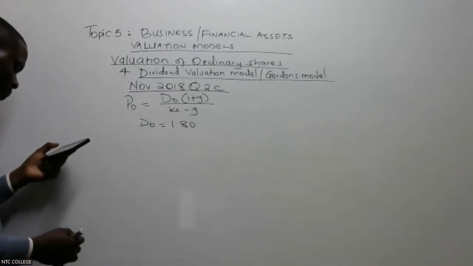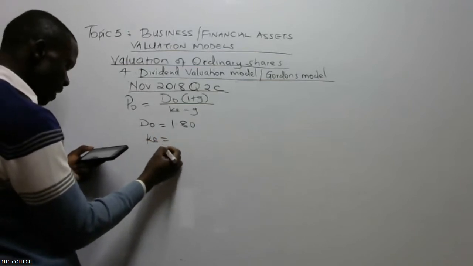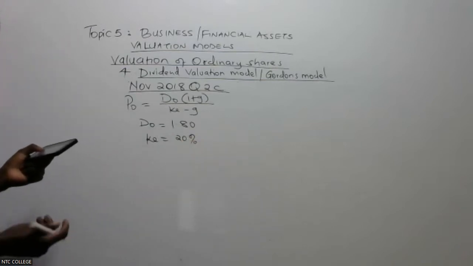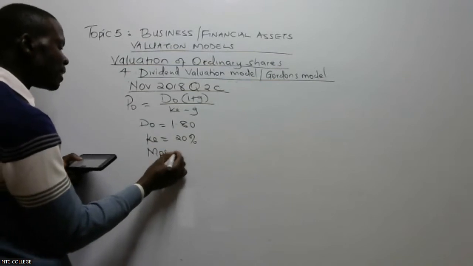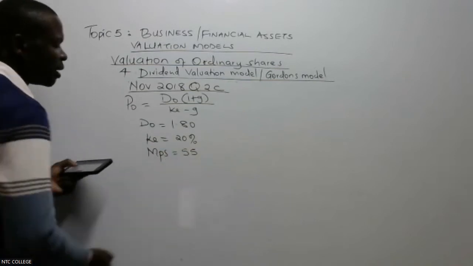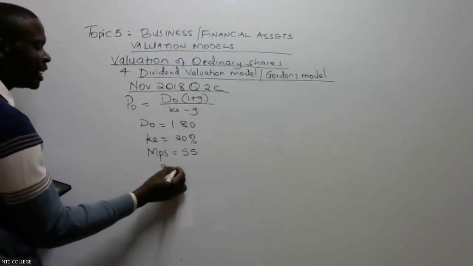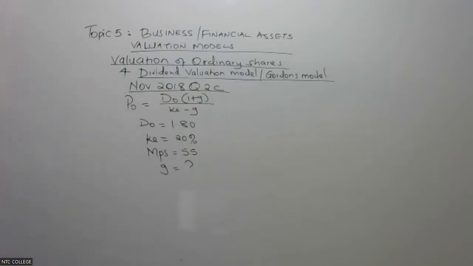Then we've been told that the required rate of return, our Ke, is 20%. Then the market price per share, our MPS, is 55 shillings. What we are missing is the value of g.